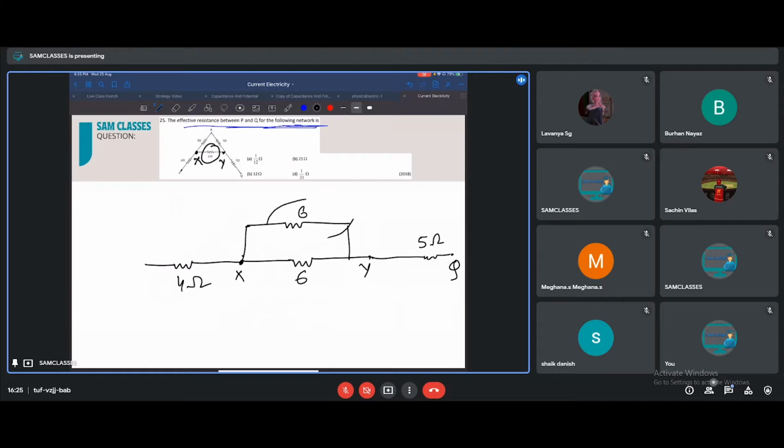Now this is 6 here, this is 6 here, and these two are in parallel, because whatever current goes, it will be divided into 2 parts. So if I do the parallel of 1 by 6 plus 1 by 6, what I'll get? 2 by 6, and that is equal to 1 by 3. So the total net equivalent will be one resistance of 3.